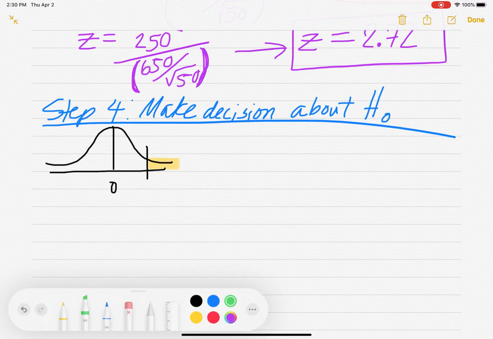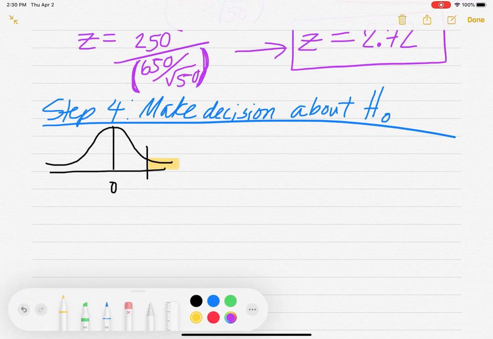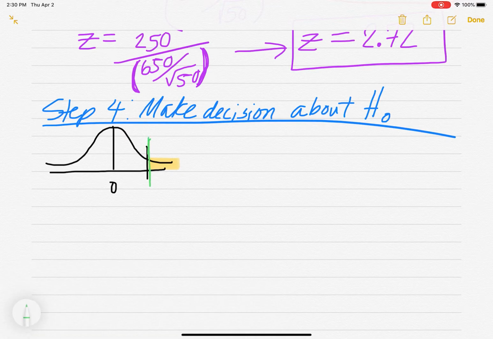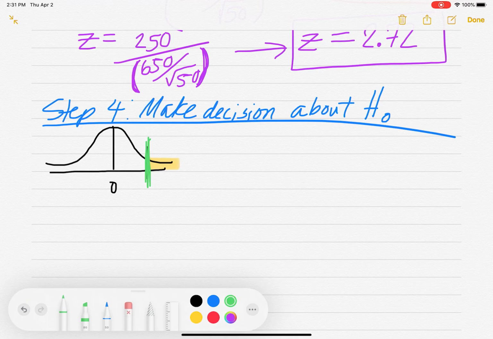And we found the critical z-score right here. It's going to be z upper star.